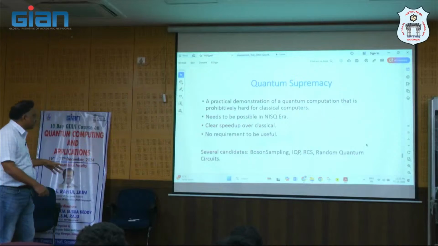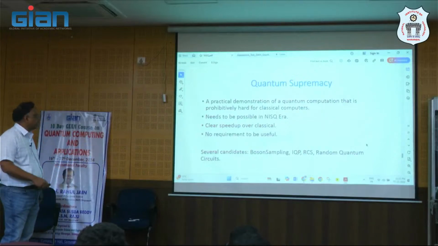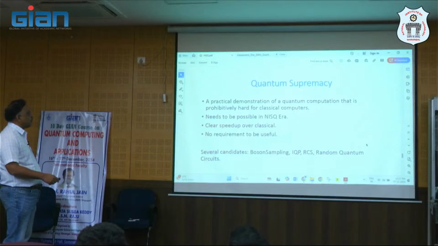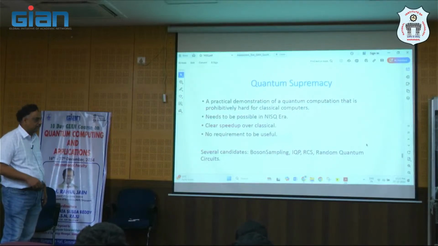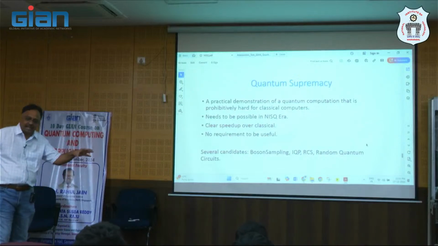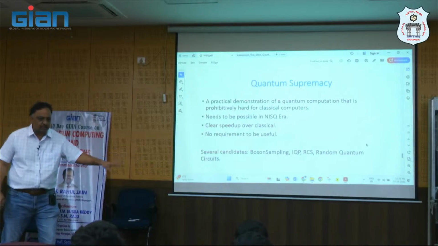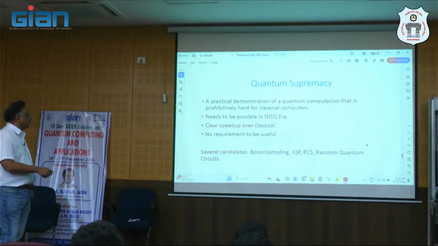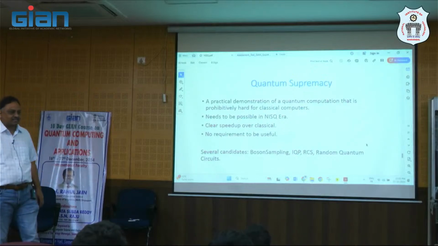But as long as we can demonstrate any task, a practical demonstration of a quantum computation that is prohibitively hard for classical computers. There is no requirement to be useful. The task is any task. It need not even be a useful task. But what we want is to be able to do it in the NISQ era, and second, to have a clear speedup over classical algorithms.